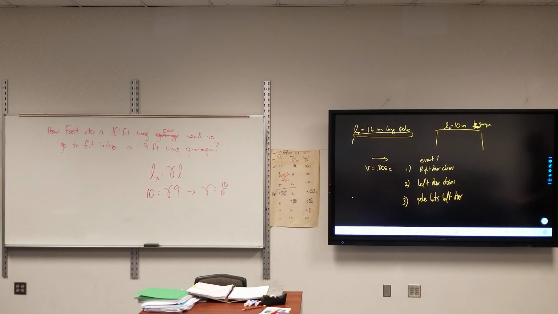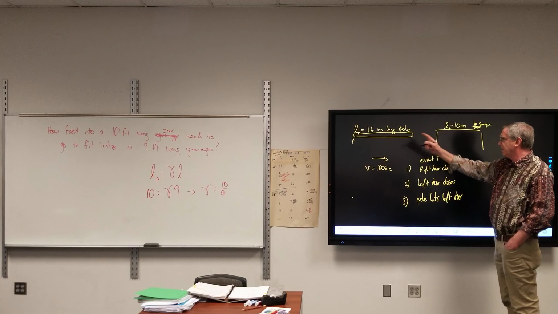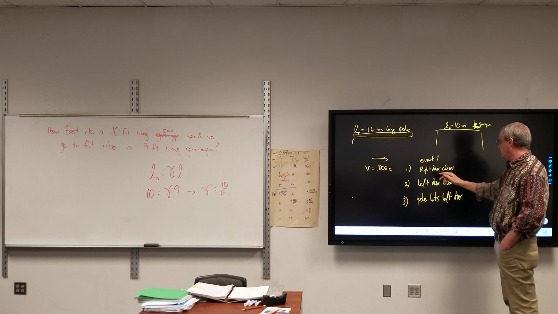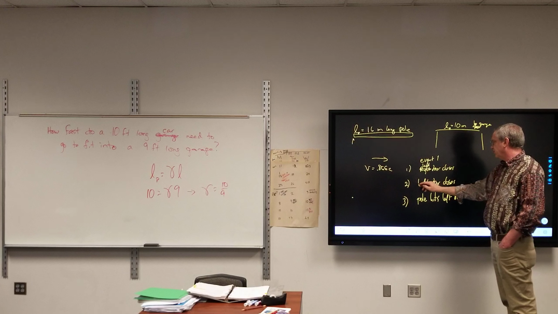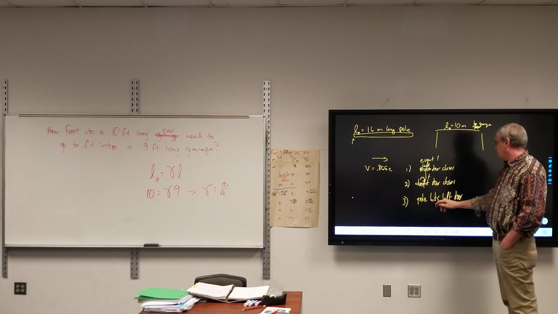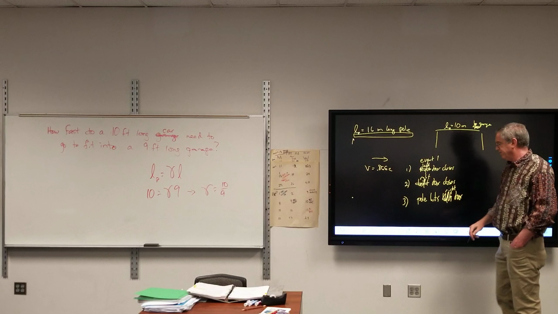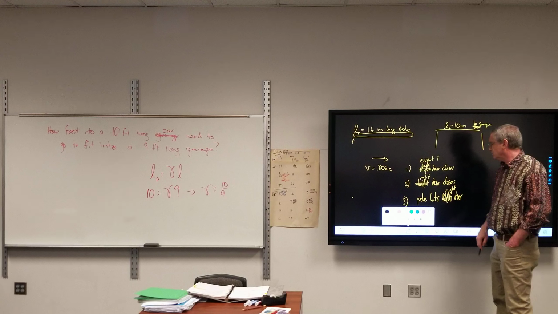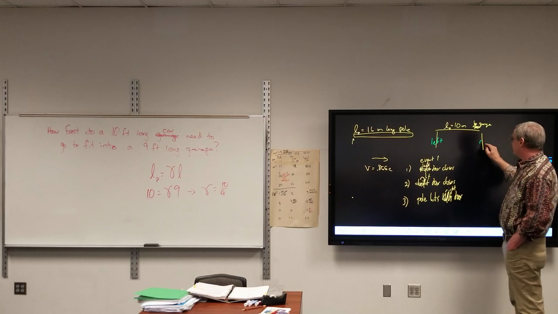Because from the barn's point of view, the pole is shrinking in size, it'll fit in, and then it's going to hit the door. I'm getting my left and right backwards here. Left end of pole gets inside here, it closes. So I'm going to make event 1, left door closes. Event 2, right door closes. And then pole hits right door. And just to hopefully minimize my confusion later on, I'm going to write left and right.